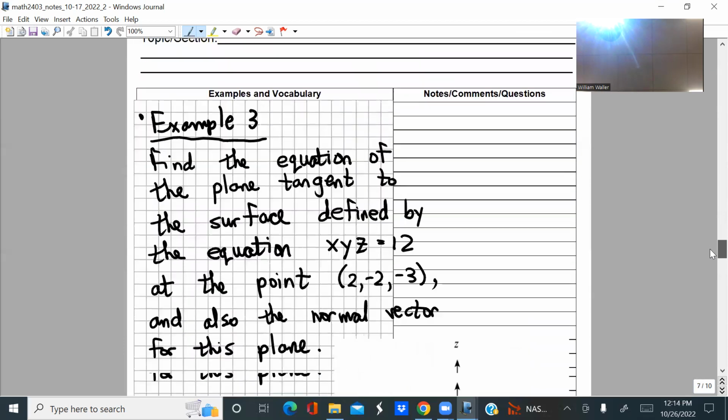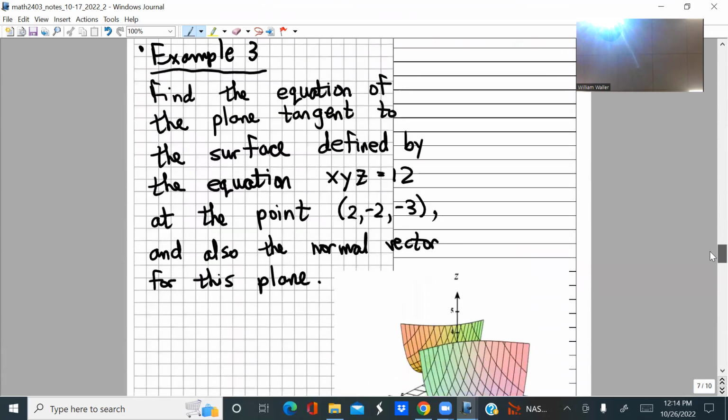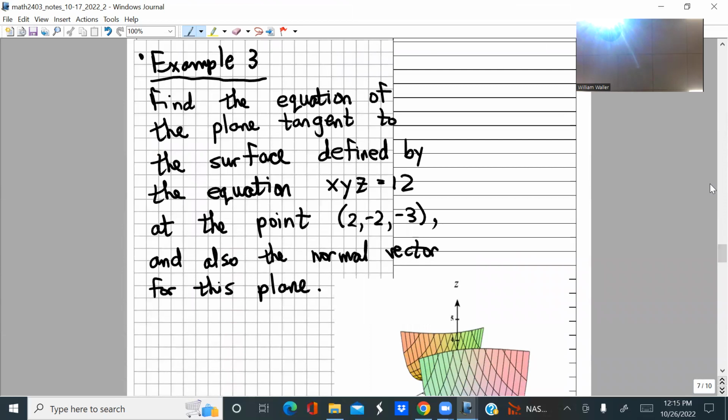So I'm going to have y'all try one here. Find the equation for the tangent plane of this surface, which is, I got this weird equation, x times y times z is 12, at the point 2, minus 2, minus 3. I think that point is on that surface. If x is 2 and y is minus 2 and z is minus 3, multiply those together, you'll get 12, right?